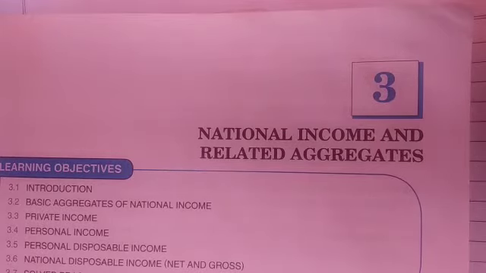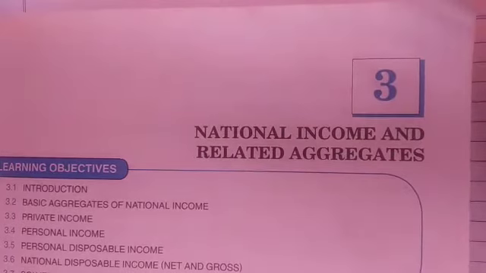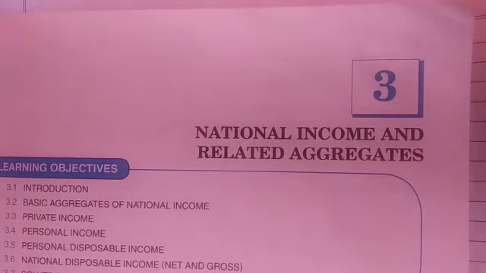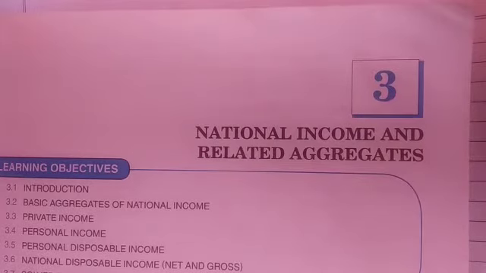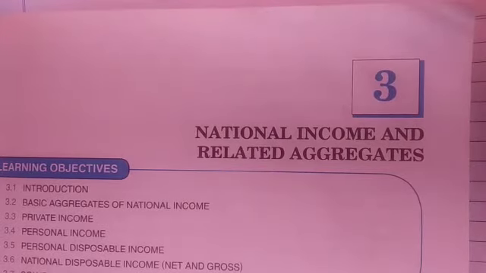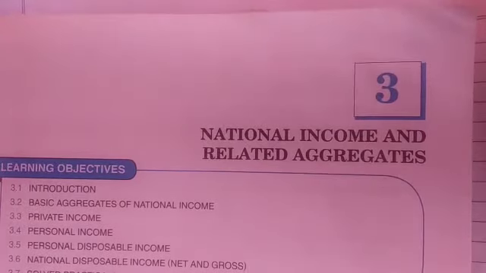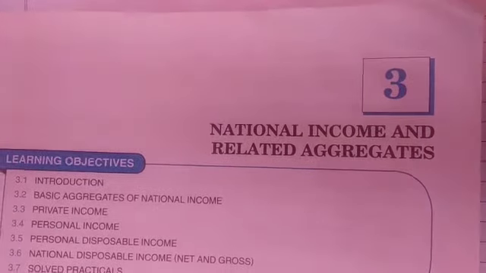So in this video we are going to discuss how we can convert GDPMP into other factors and NDPMP into other factors when some aggregates are given. Let us start it with a question.